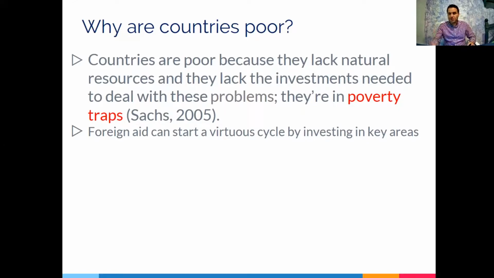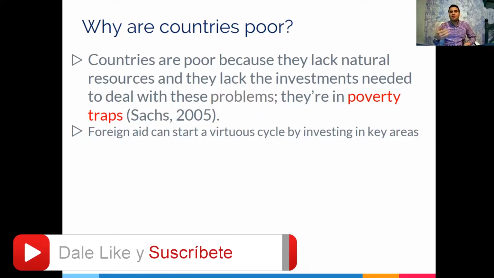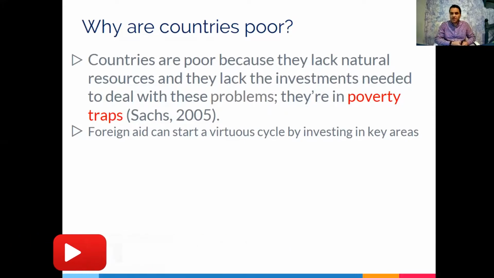Other, more developed countries or international institutions like the World Bank or the IMF, or other multinational institutions, should be human enough and try to give some resources to these poorer countries, such that they can have a little bit of help, and with those resources invest them in key areas. And that's a little bit what they propose in terms of foreign aid.